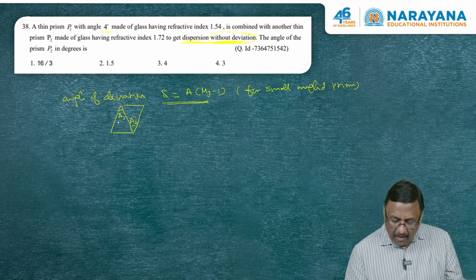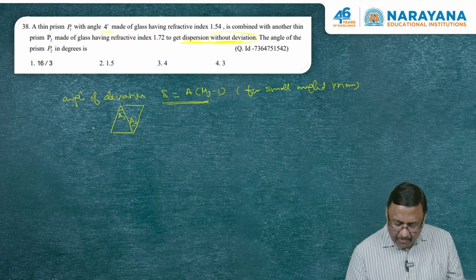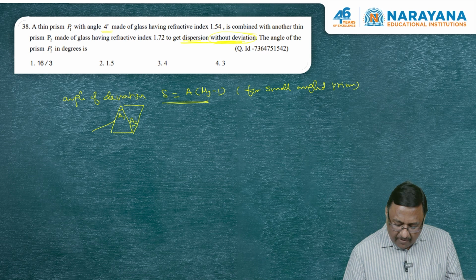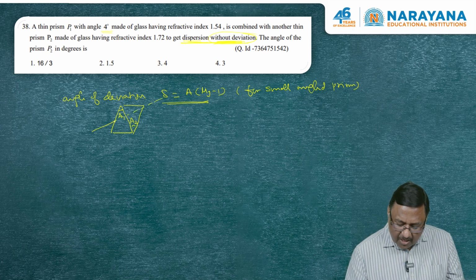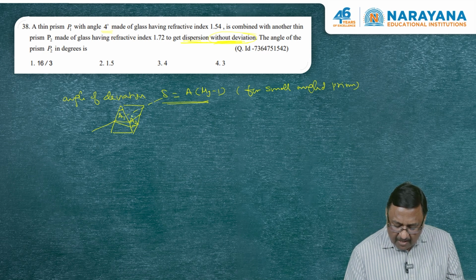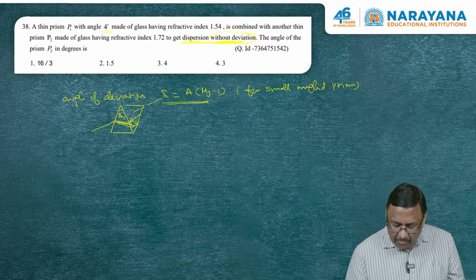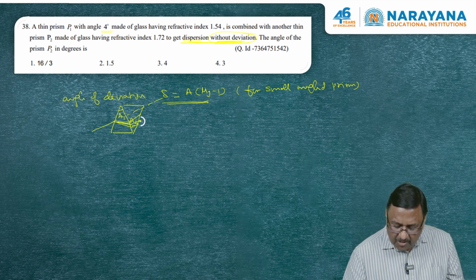It is a small angle. Delta 1 in the first prism, if light is coming somewhat here, it may have some dispersion, but there is going to be no deviation. So I hope you understand it is going to deviate in this manner. And then there is some dispersion in the light, but finally if I consider my mean ray, let me draw some mean ray here and let me write some mean ray here, and then it comes out in this manner.